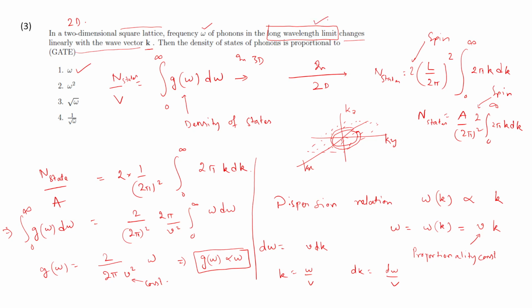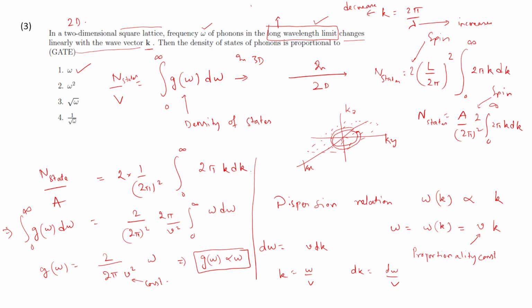What the long wavelength limit means is that k is equal to 2 pi by lambda. When lambda increases, k will decrease. So whenever you are asked about the long wavelength limit, you have to keep in mind that k will go to 0.